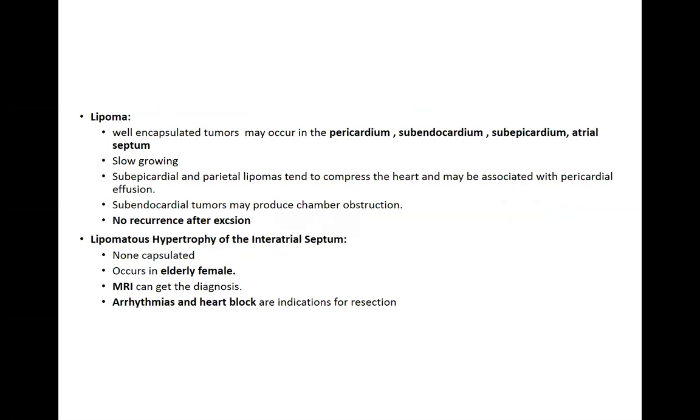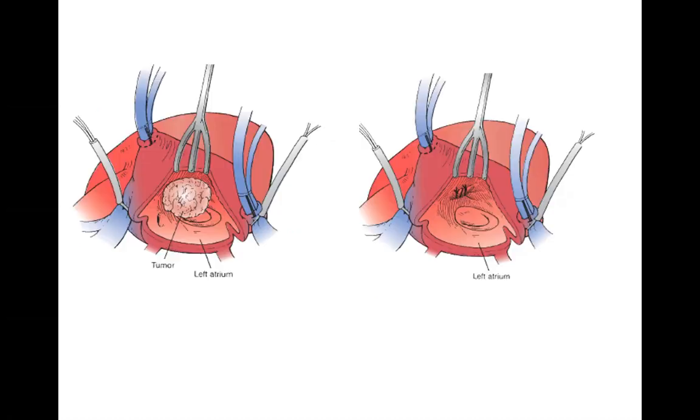Question, Dr. Mohammed. Regarding the picture you've shown us, the myxoma arising from the left atrial wall, how do you manage this? Okay, that's a good question. Look, the idea is to resect the mass, so it's the same thing.